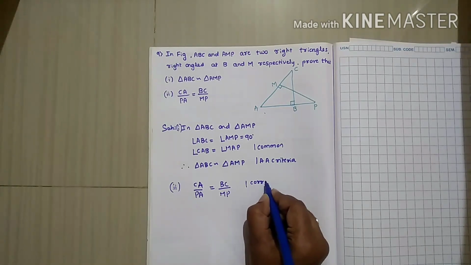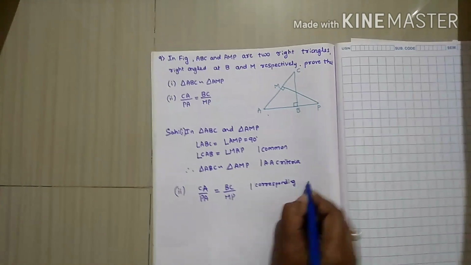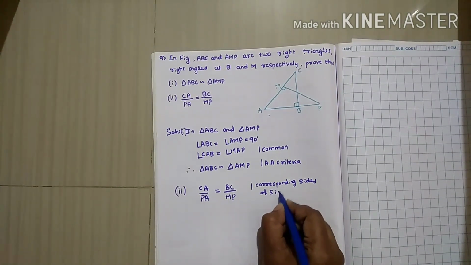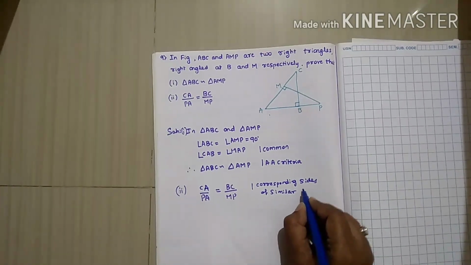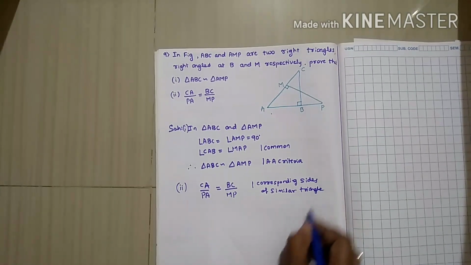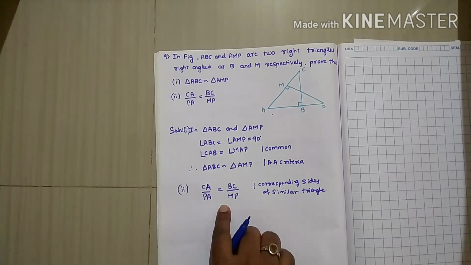Corresponding sides of similar triangles, because already we know triangles ABC and AMP are similar. If triangles are similar, corresponding sides will be in the same ratio. By that we get the second result.